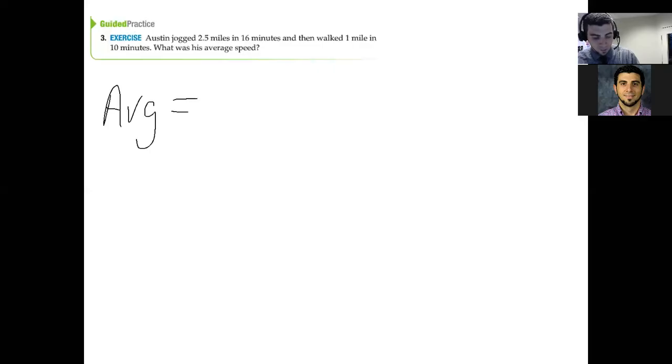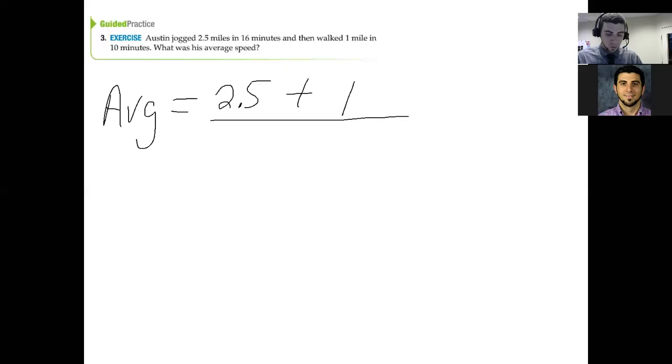So his average speed is going to be the distance divided by the time. So his first distance is 2.5 miles, plus his second distance is 1 mile. Right?